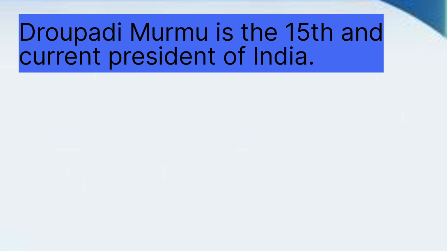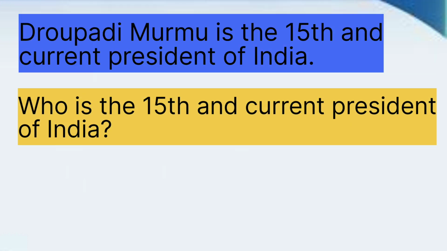To get the underlined part as an answer, let us frame WH question. Who is the 15th and current president of India? Who is the WH word used to know about the person. The structure we have used is WH word plus auxiliary verb plus subject, at the end question mark.